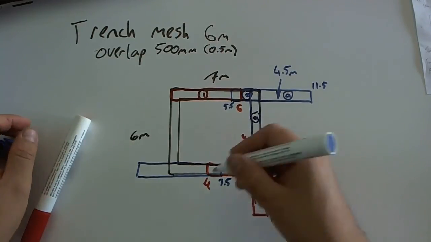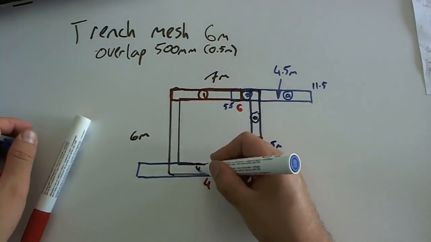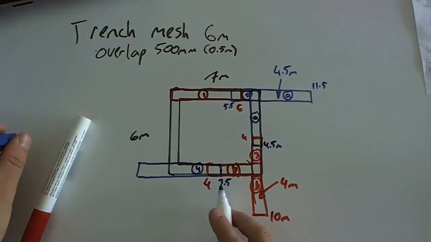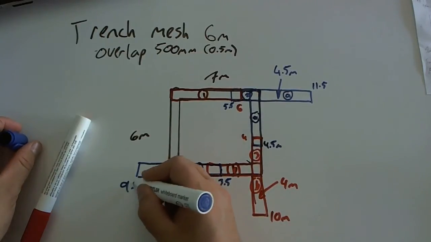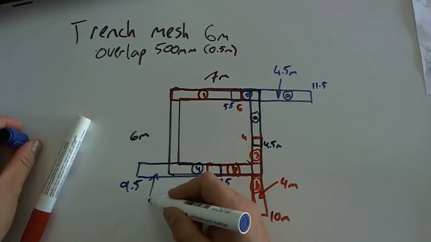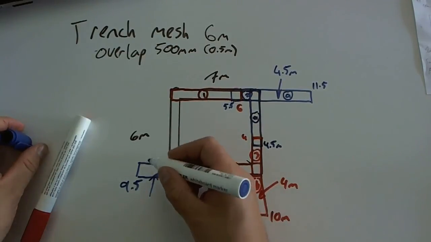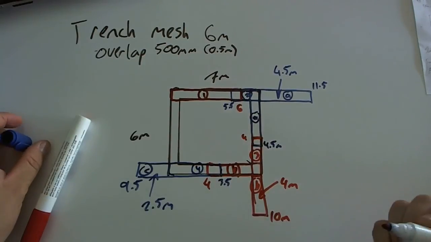That's what we're up to: 1, 2, 3. This is sheet 4. That's 3.5 meters plus on 6, I'm going to be out here at 9.5. The slab's only 7, so that excess, which we'll call C, is 2.5 meters.